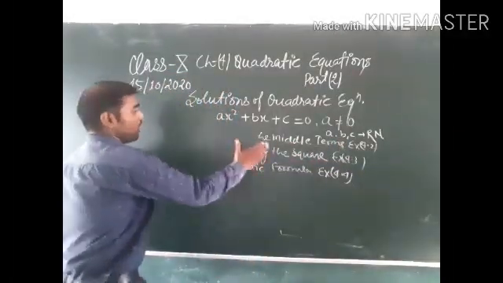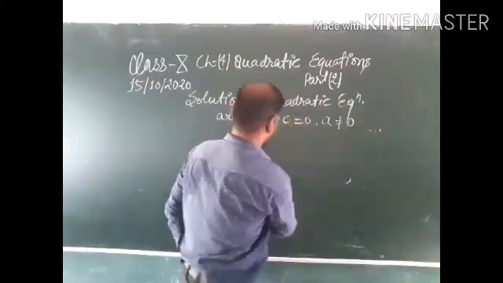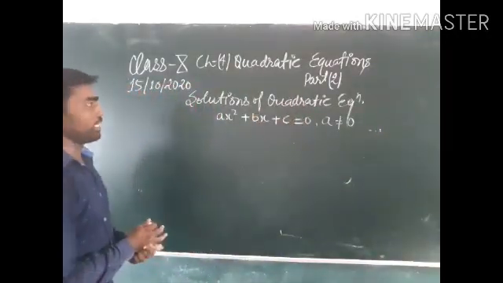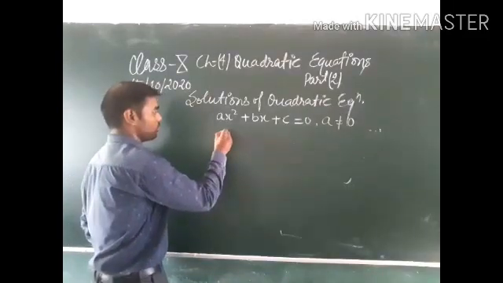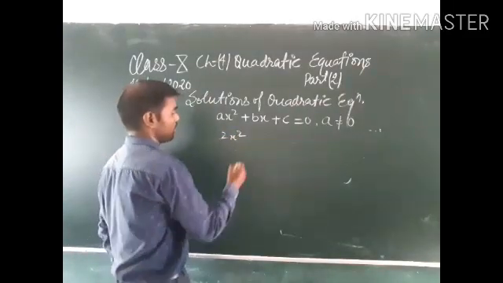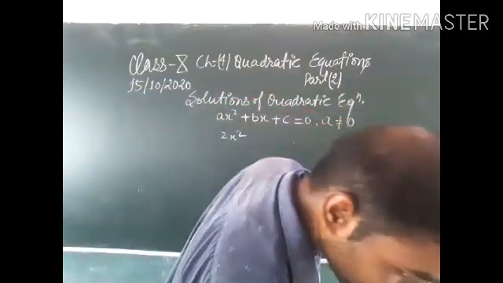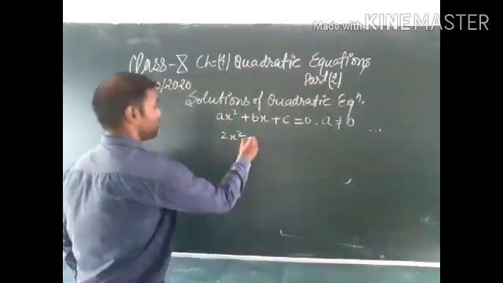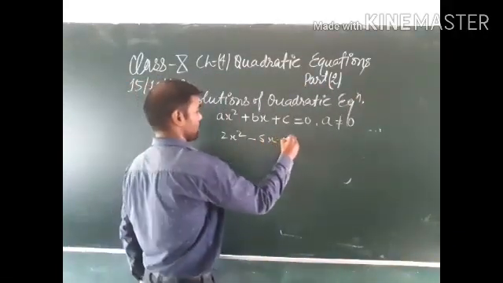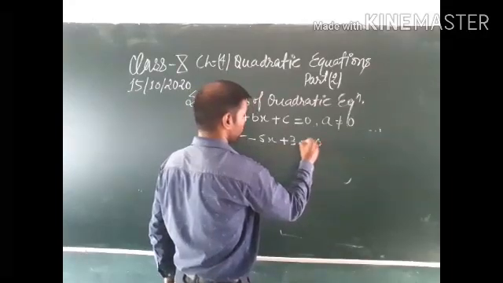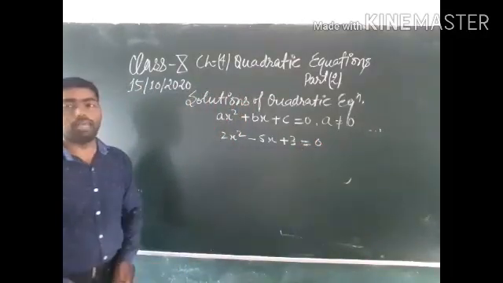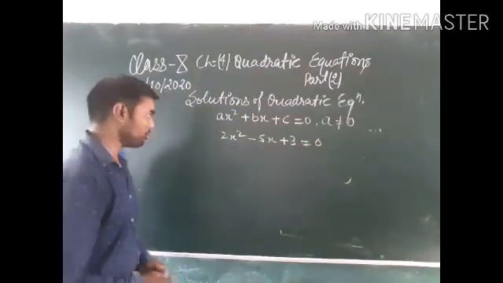First of all, how many solutions does a quadratic equation have? Let's take an example: 2x square minus 5x plus 3 is equal to 0.